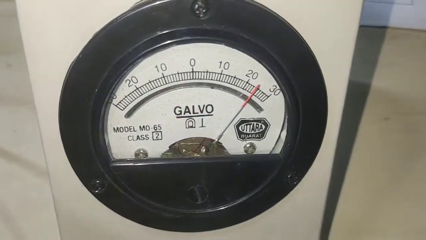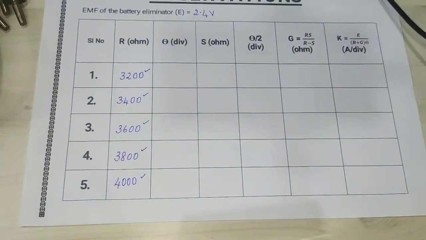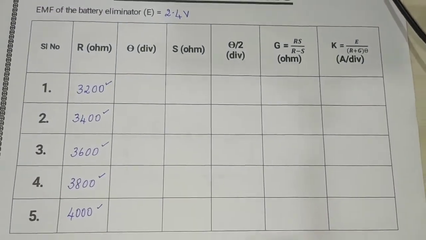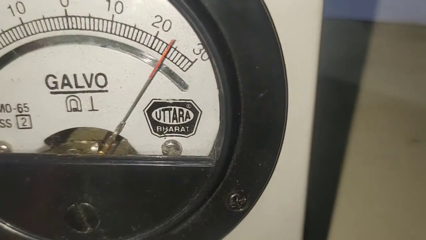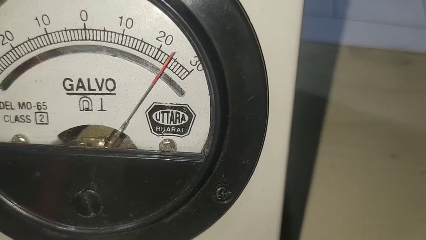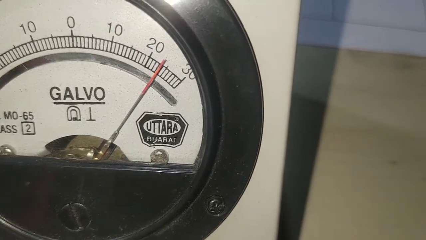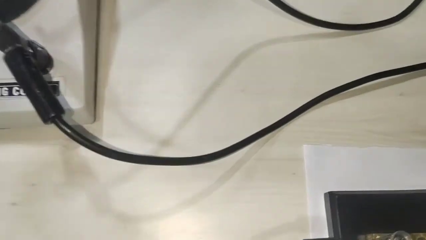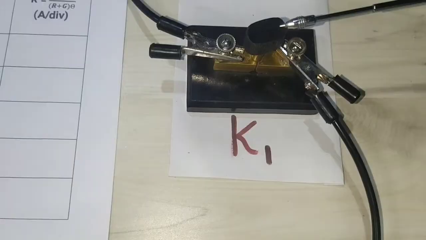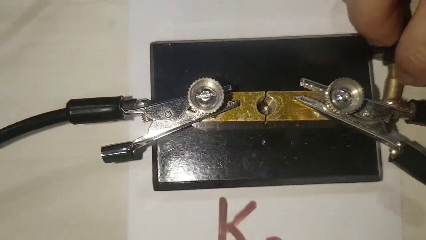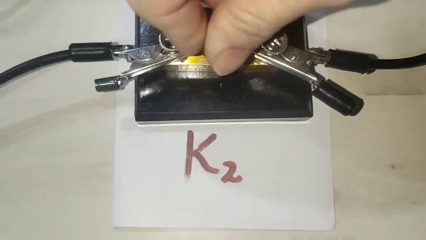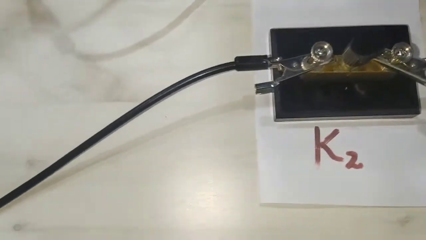Trial 4 part 2. Before we move on to trial 4 part 2, please note that the deflection theta is 24 divisions in the galvanometer. Now in trial 4 part 2, K1 is closed and K2 should also be closed, and when theta is 24, theta by 2 should be 12.